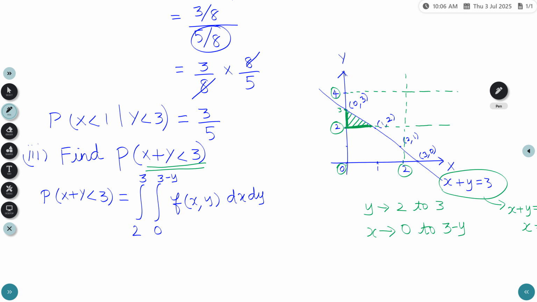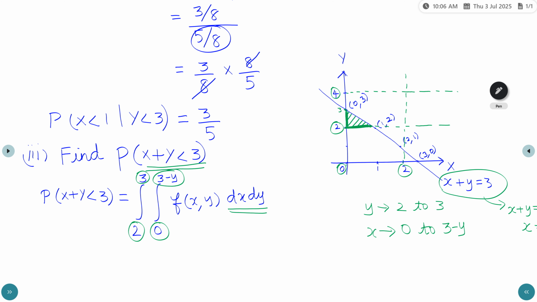See, you may have the doubt whether we need to integrate first with respect to x or y. Just check the integral upper and lower limit values. Suppose this value is 3 minus y, which is a function of y. Just listen.